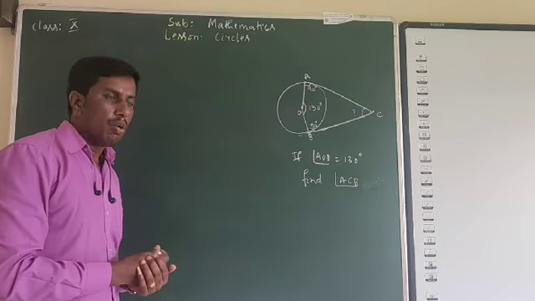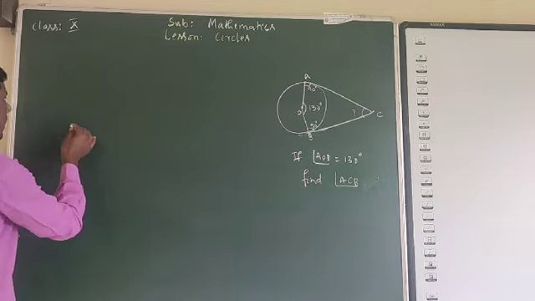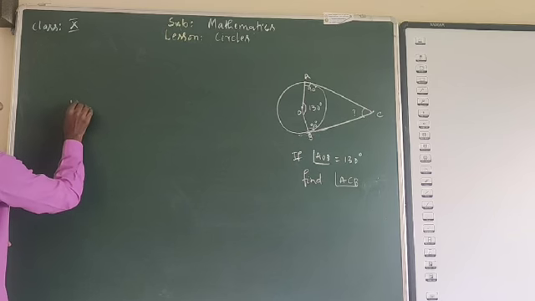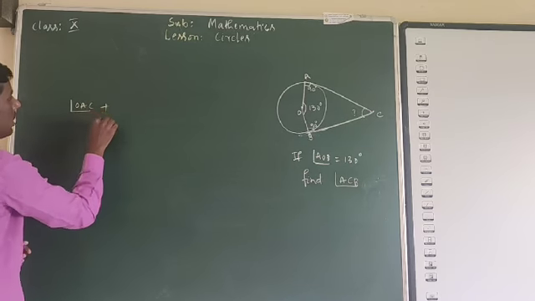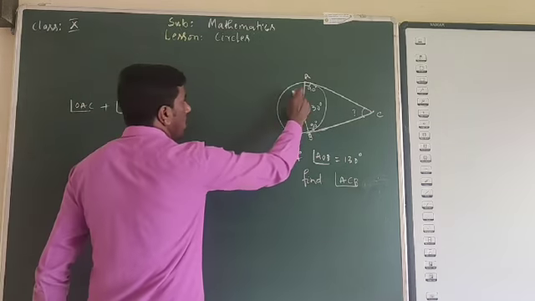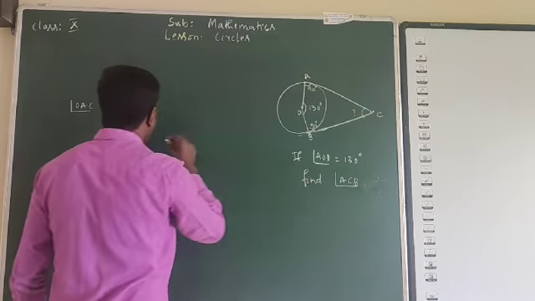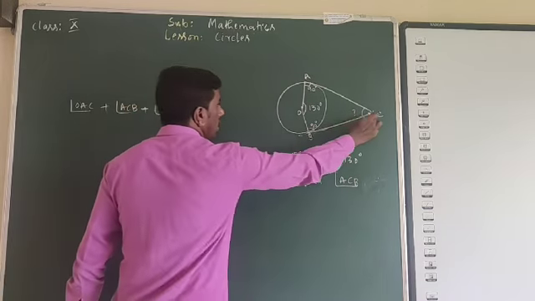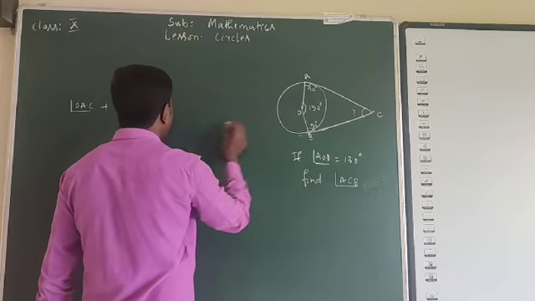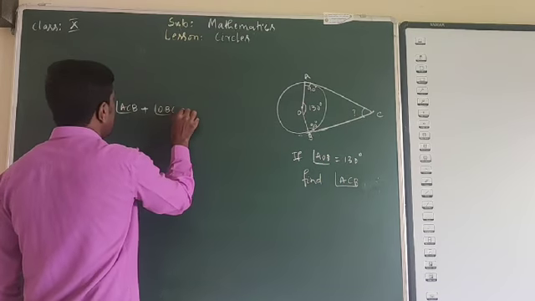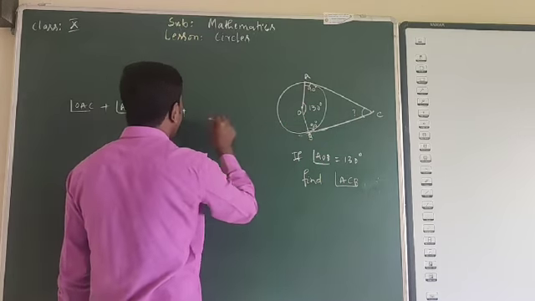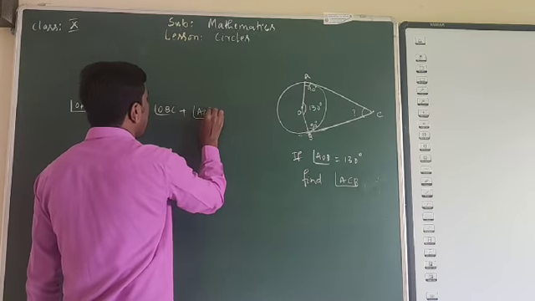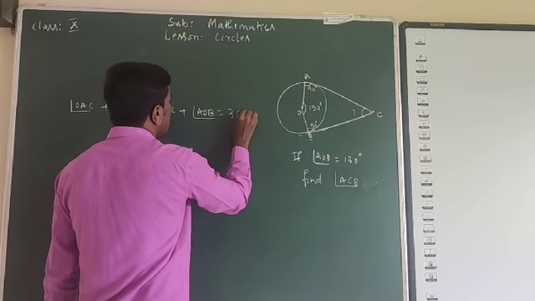AOBC is the quadrilateral. So we can write directly angle OAC plus ACB plus OBC plus AOB, all the four angles must be equal to 360 degrees.